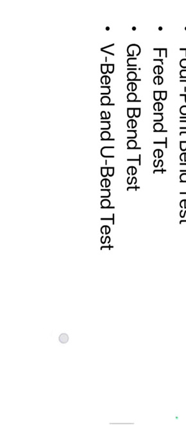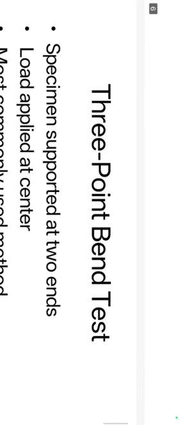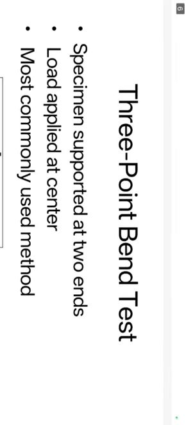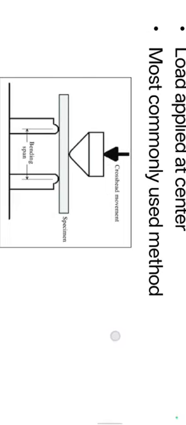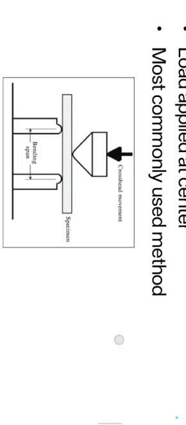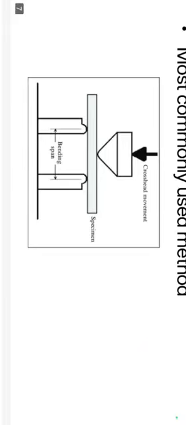Types of bend test: 3-point bend test, 4-point bend test, free bend test, guided bend test, V bend and U bend test. In the 3-point bend test, as the diagram shows, the specimen rests on two support rollers while a single force is applied at the center.